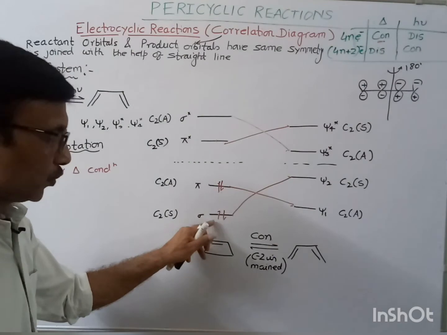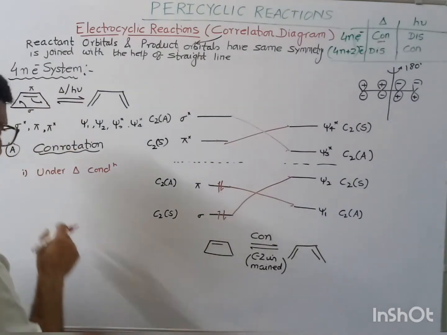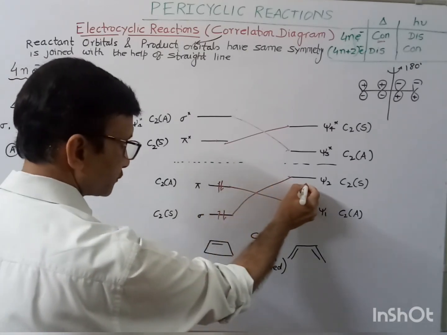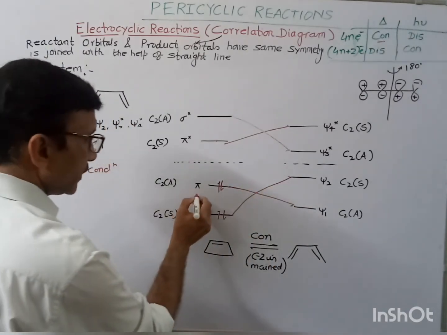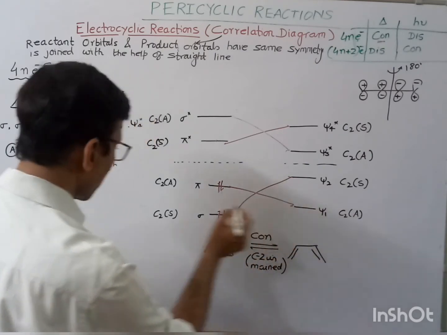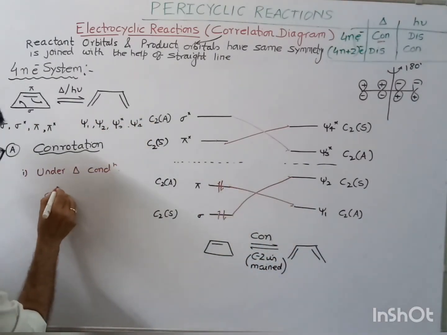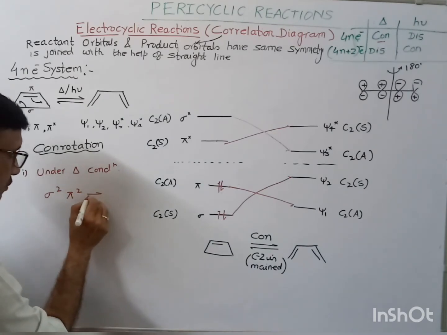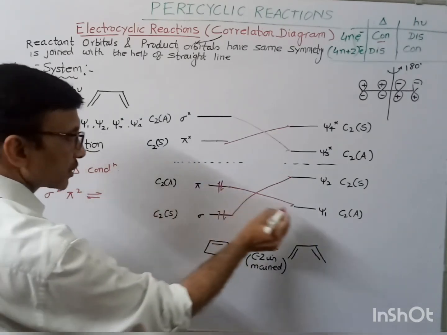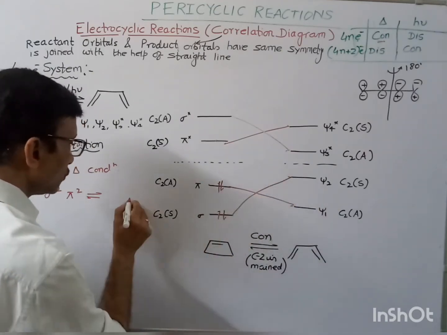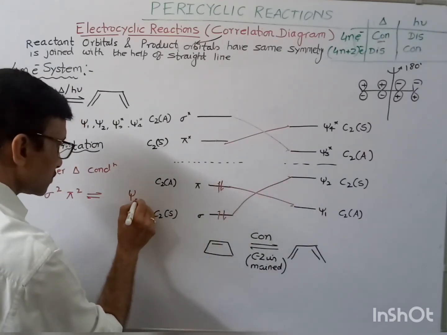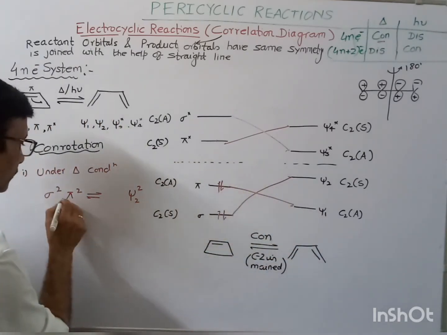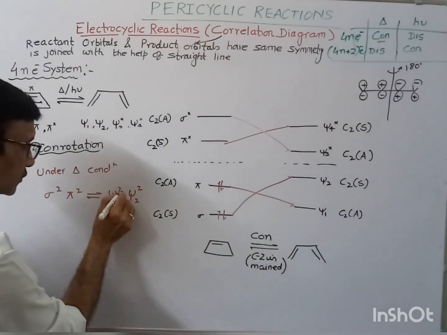The sigma electrons, 2 in number, are going into psi 2, and in pi we have 2 electrons, and the pi electrons are going into psi 1.